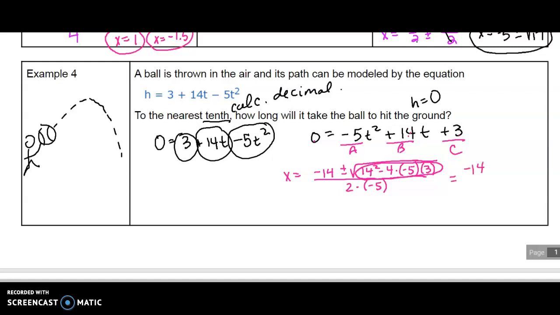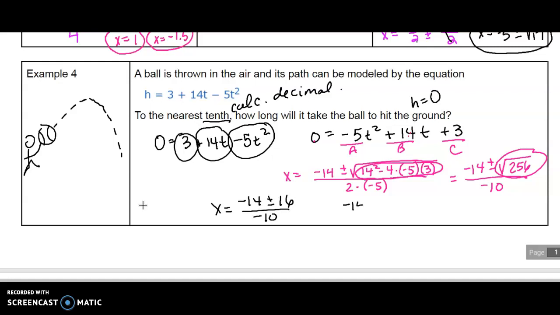So negative 14 plus or minus root 256 divided by negative 10. Now, because we want a decimal, I'm going to go ahead and type in the square root of 256, which is actually 16. So x equals negative 14 plus or minus 16 all over negative 10.